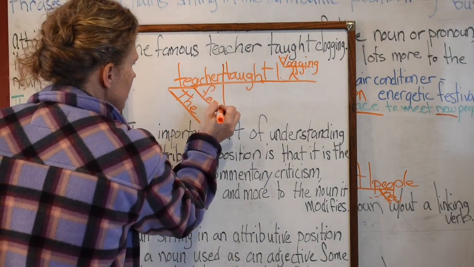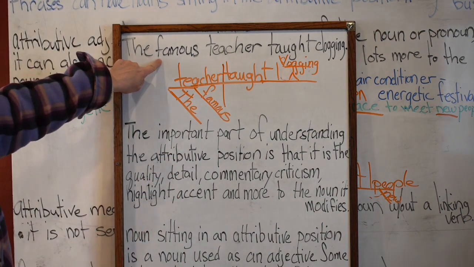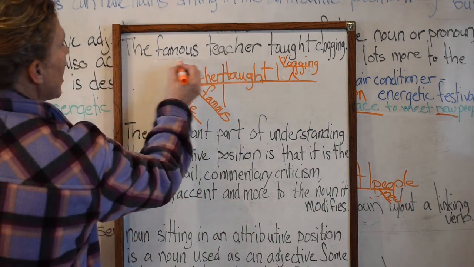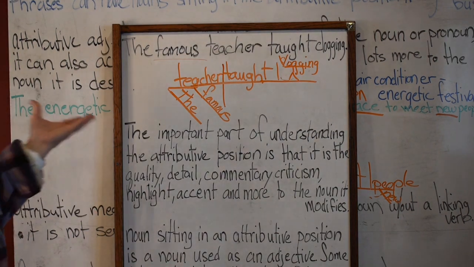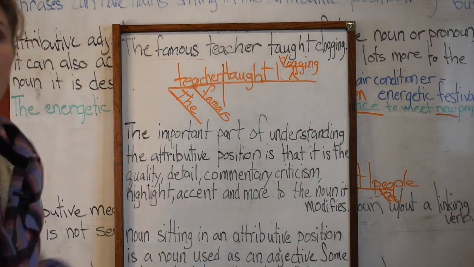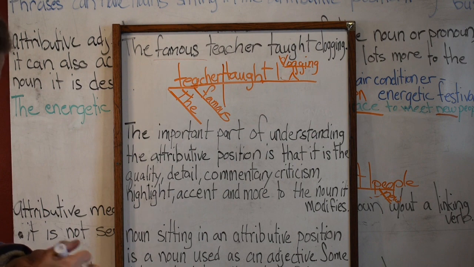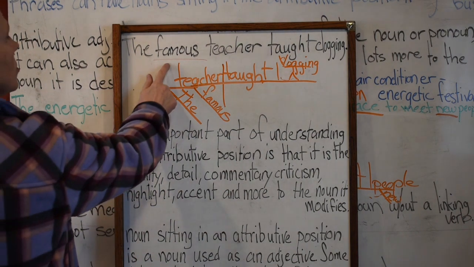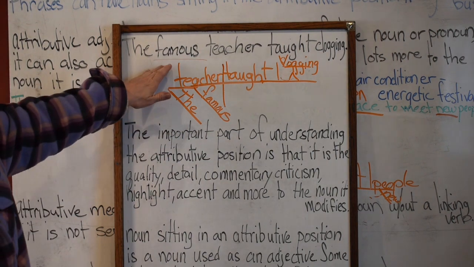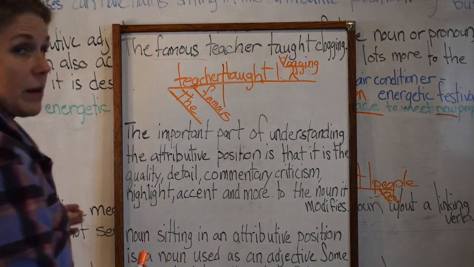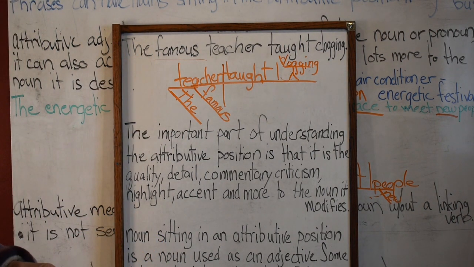Okay, right there, famous. This right here is an attributive adjective. Let's play with that. Can we take that out? The teacher taught clogging. Does it make sense? Yeah, it does make sense. So you know, since you can take this out, it is in the attributive position. Does that make sense? Okay.